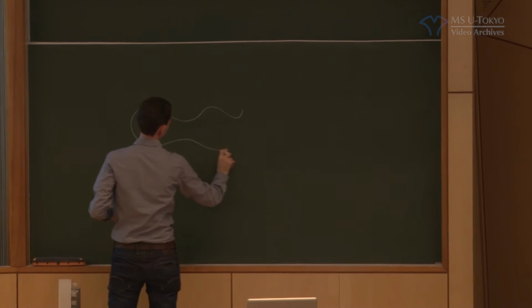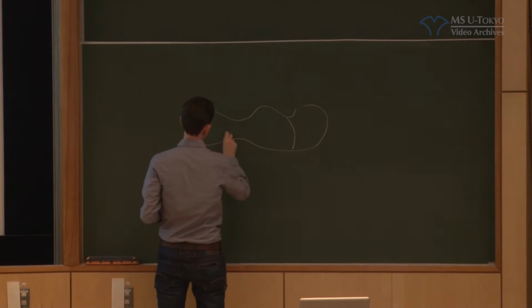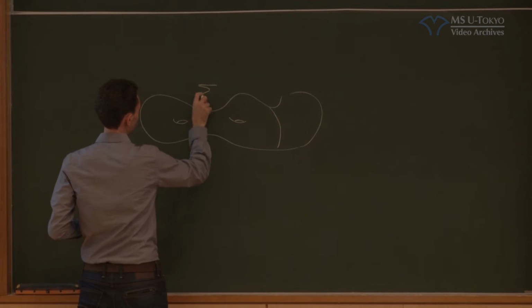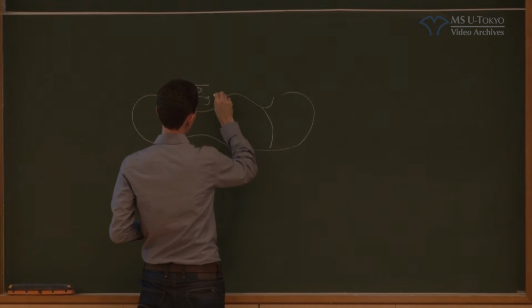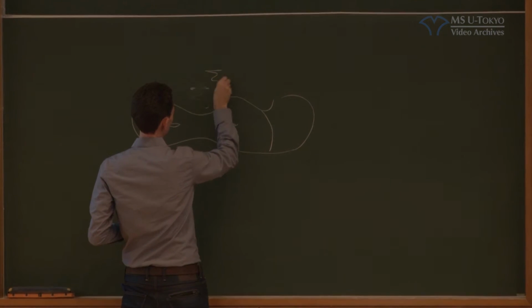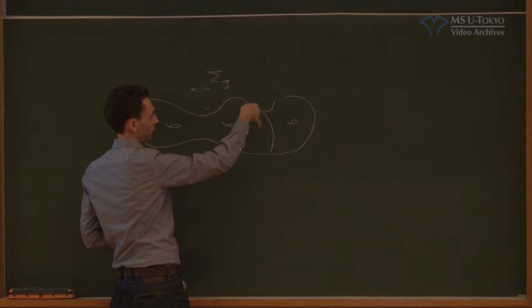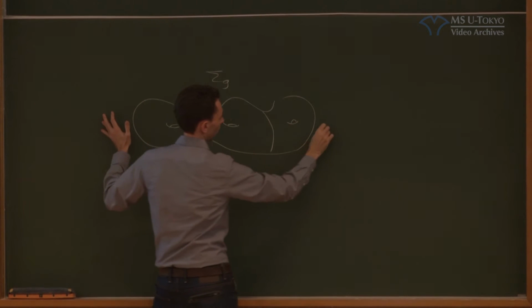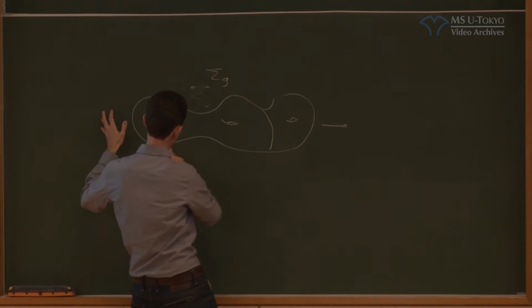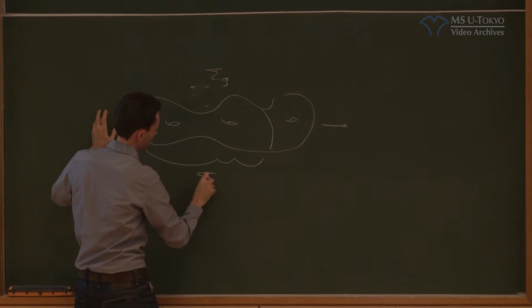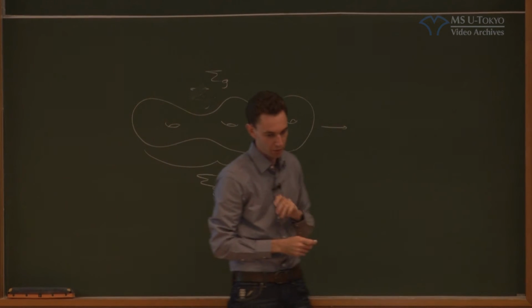Here is my sigma g, and I have some bunch of other handles. There's a big sigma g, and then I just collapse this part to a point, and what's left should be my sigma g prime. So that's what I mean by the collapse.